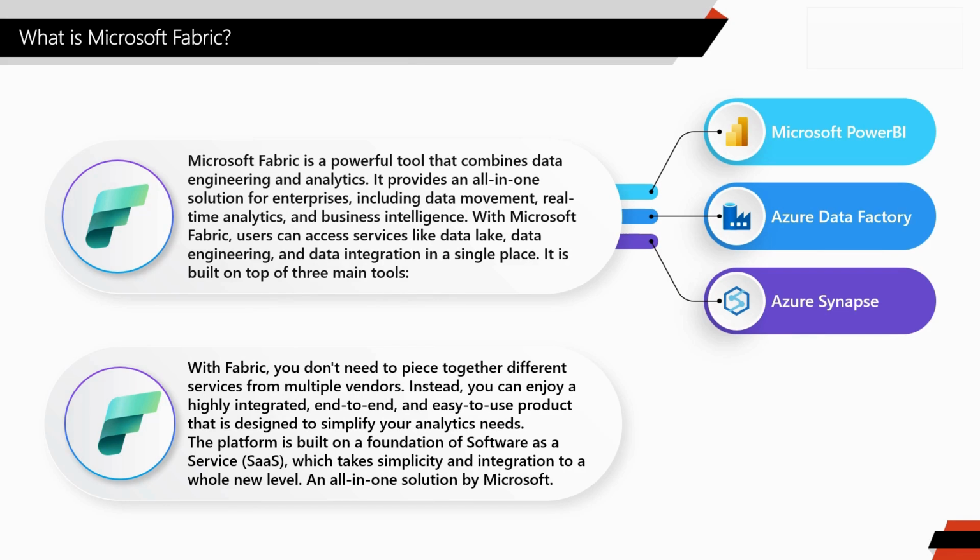Microsoft Fabric is a powerful tool, as I have stated earlier, and it combines data engineering and analytics. It provides an all-in-one solution for enterprises. It includes data movement, real-time analytics, and business intelligence. With Microsoft Fabric, we can access services like data lake, data engineering, and data integration in a single place that I have called OneLake.